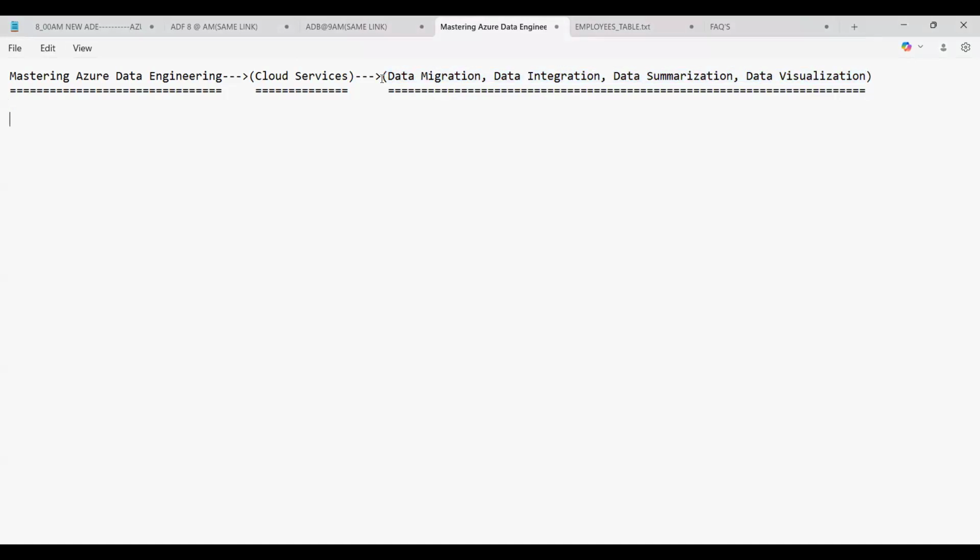It can be Azure data engineering, or Amazon AWS data engineering, or Google Cloud Platform GCP data engineering. Whatever you apply, these four tasks we have to understand, because data engineering is based on these only. More advancement is there, but these are the basics. Without that, there is no data engineering.